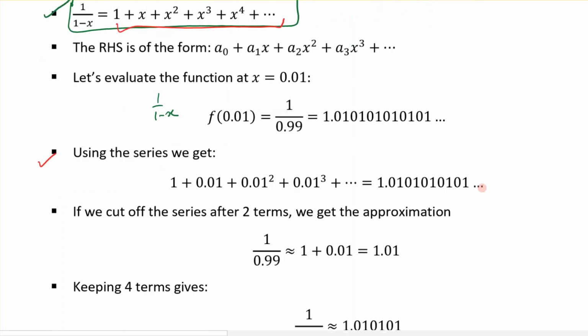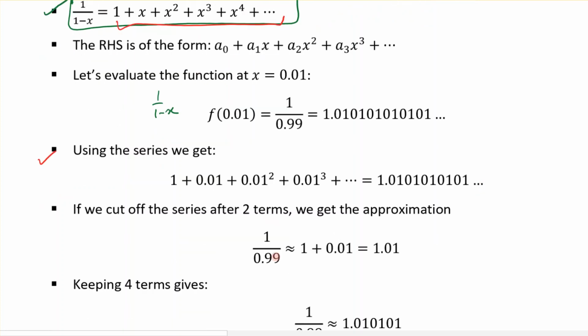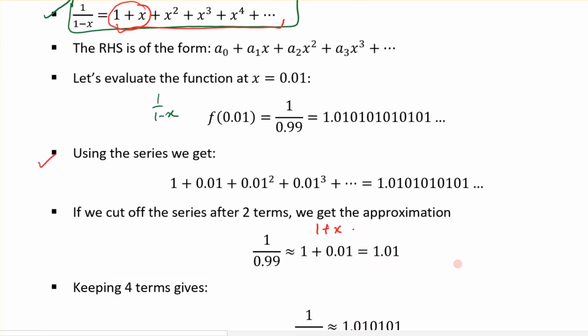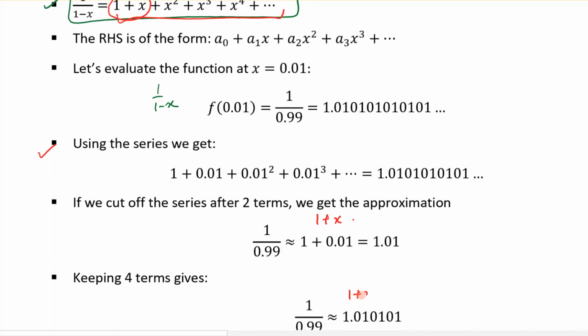But if we cut off the series after two terms, so we only use the first two, 1 + x, then we get 1.01. Keeping four terms, 1 + x + x^2 + x^3, we get approximately this.